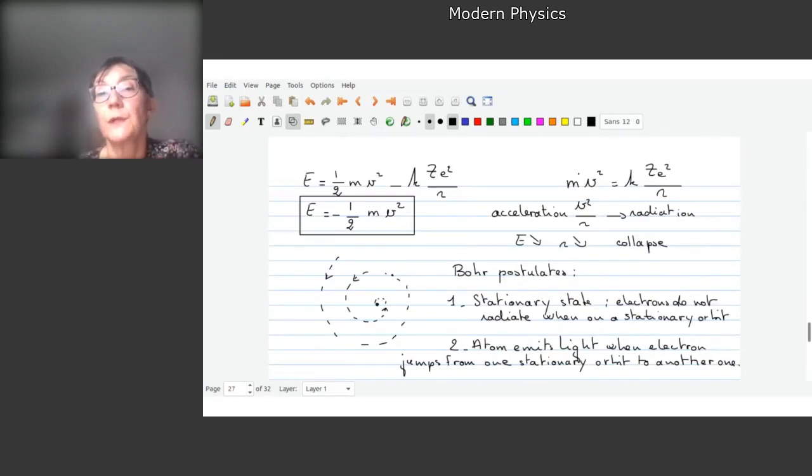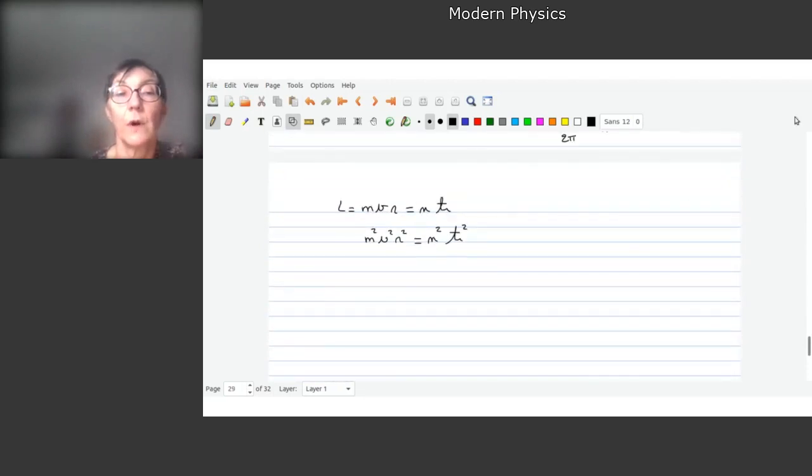So I will just multiply by m r squared, and it is also equal to k, 1 over 4 pi epsilon 0, z e squared, m, the mass of the electron, over r, times r squared, because this is m squared v squared.